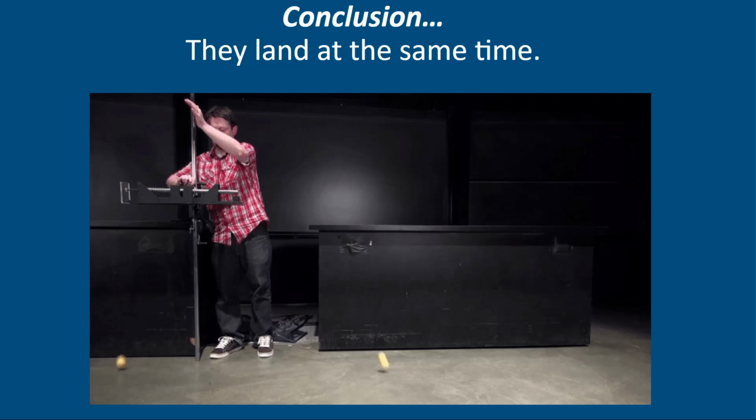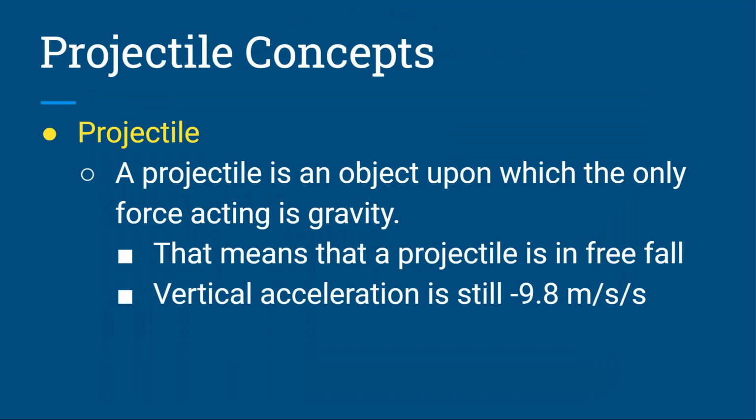Okay. And that is because whenever we talk about projectiles and projectile motion, projectiles are in free fall, just like the objects that we were talking about dropping from rest last semester. So a projectile is an object upon which the only force acting is gravity. And we talked about that being true for every object in free fall as well.